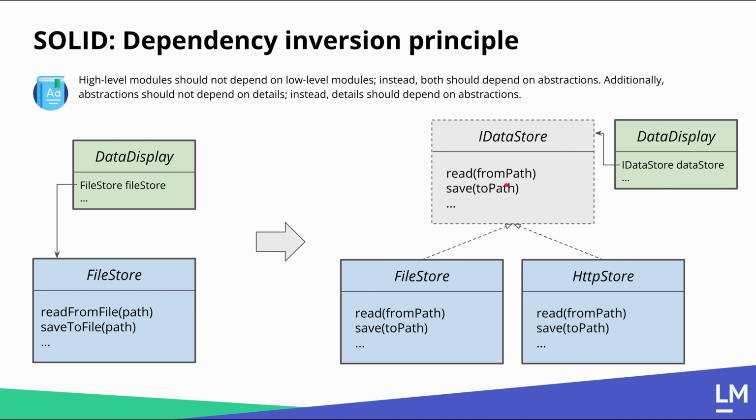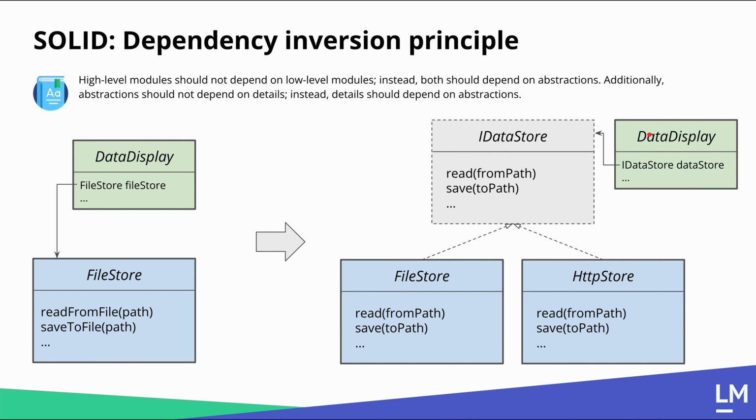So by depending on abstractions, we add a layer of separation, a layer of decoupling between high-level modules and lower-level modules. And this means that now we can swap out the data store here without any problems. We can switch from a concrete instance of file store to a concrete instance of HTTP store without having to change any of our code in data display.